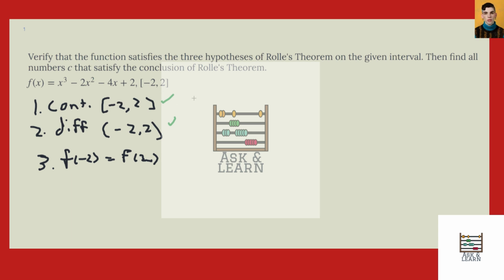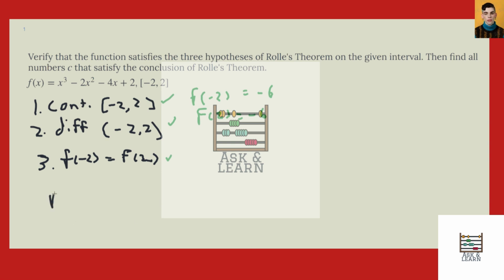And if you actually plug in the values, f(-2) gives you -6. And if you plug in f(2), you also get -6. And you can check those values yourself. And now that they're all satisfied, we can assume that the conclusion is also true.